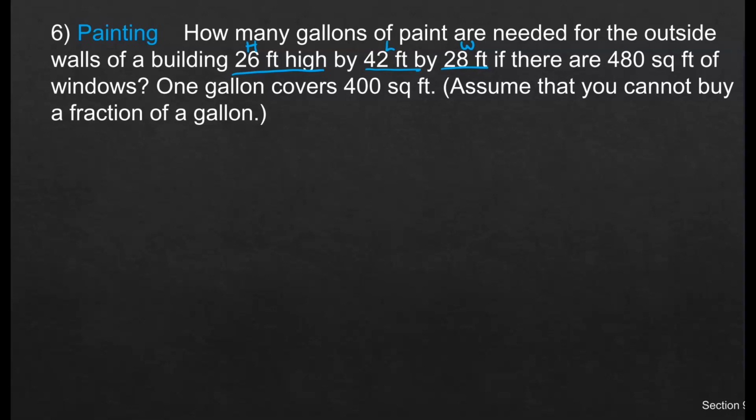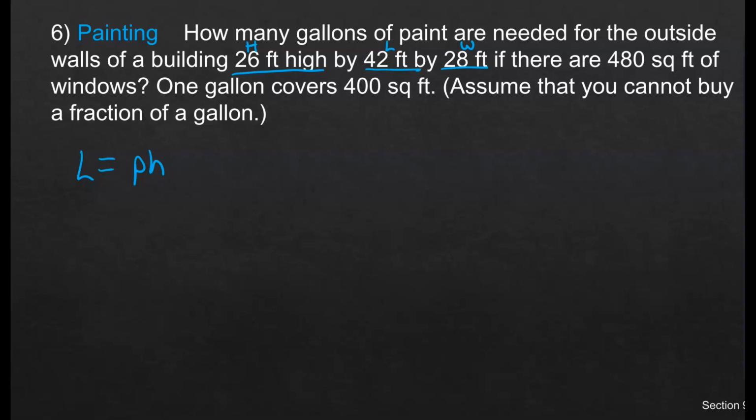Okay, so we're going to find the lateral surface area of this place, because we're not painting the top, the roof. We're not painting the roof. We're not painting the bottom. That's the foundation because it's a building. So we're just painting the sides of the building minus the windows.